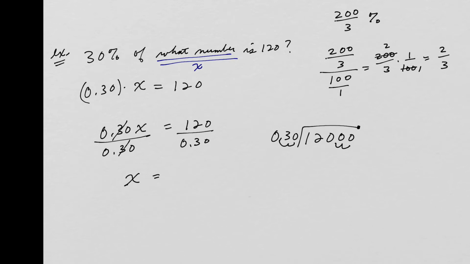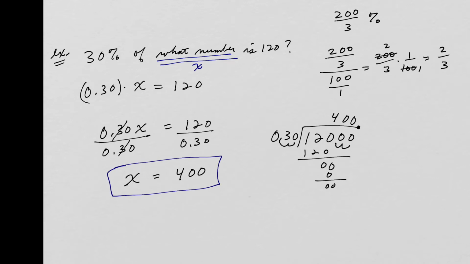Decimal is going to pop up there. 30 goes into 120 4 times. And now if I subtract, I have 0, bring down next digit 0. 30 goes into 0 0 times. I get 0 again, 30 goes into 0 0 times. Right? You can't forget those two zeros. So x is equal to 400 in this case. So that would be our answer. So 30% of 400 is 120.